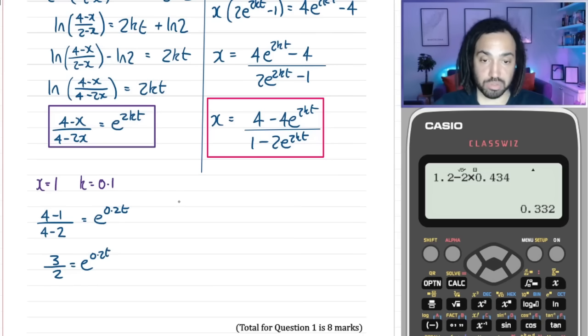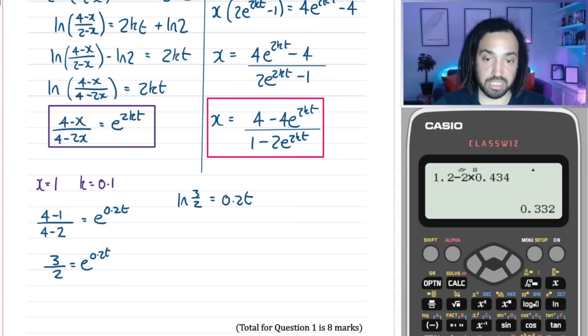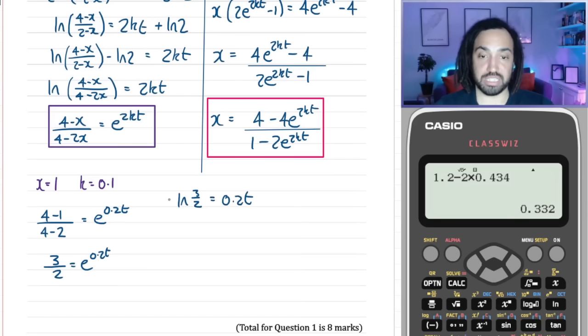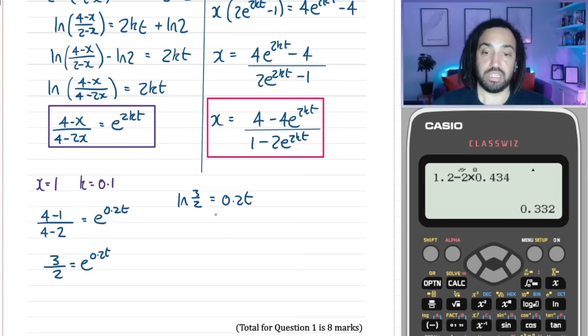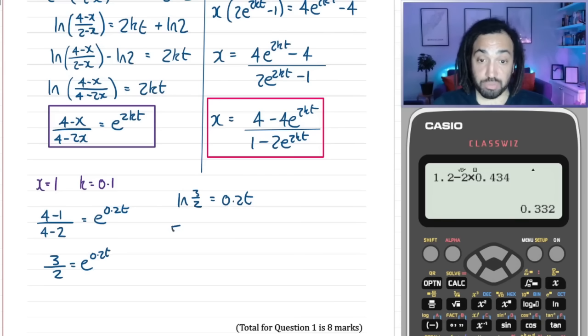Then take the natural logarithm of both sides, which gives me this, because it gets rid of the e and just takes the natural logarithm of the left-hand side. And then times through by 5 to get rid of that 0.2.